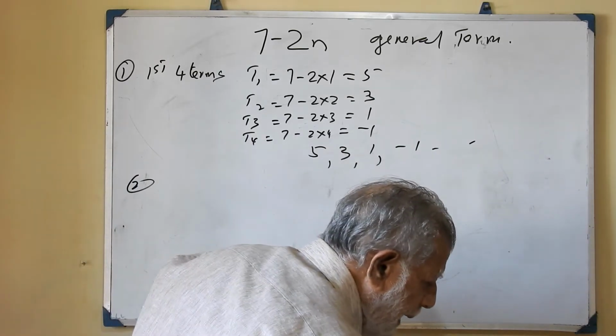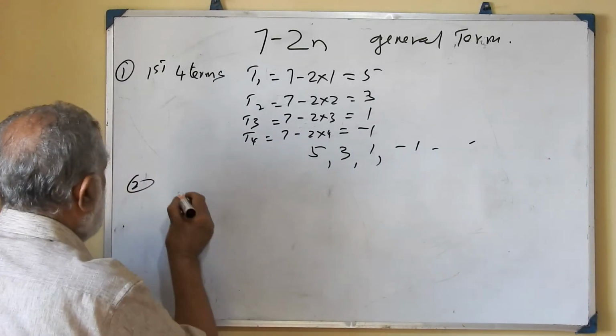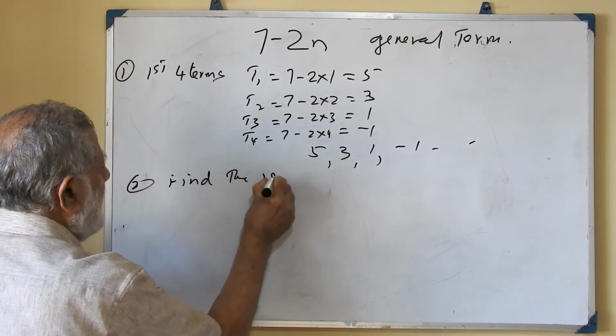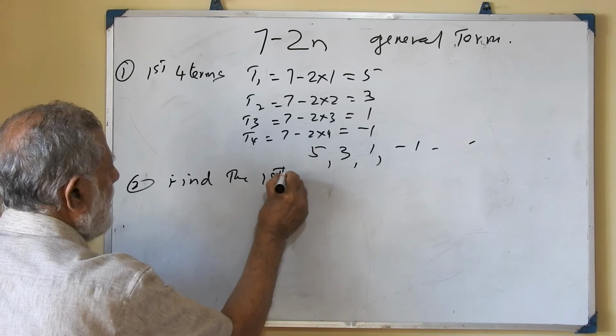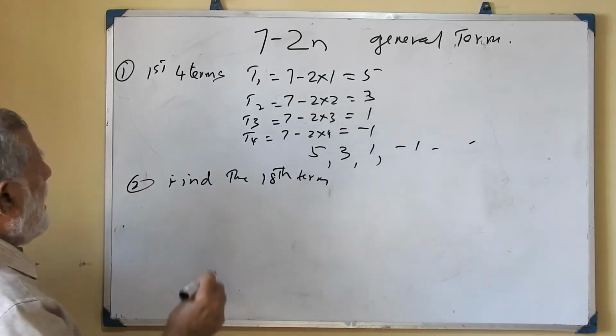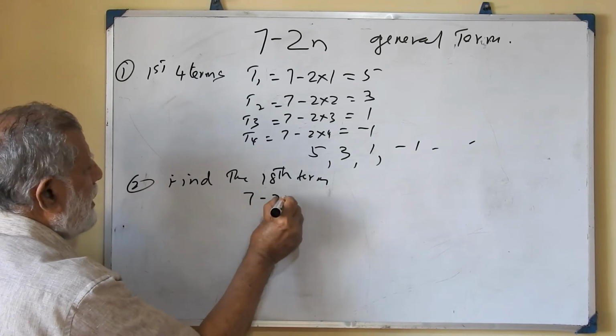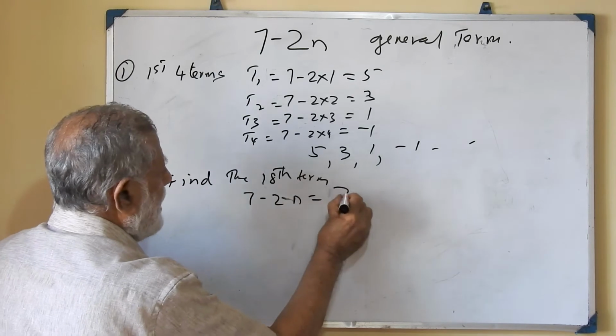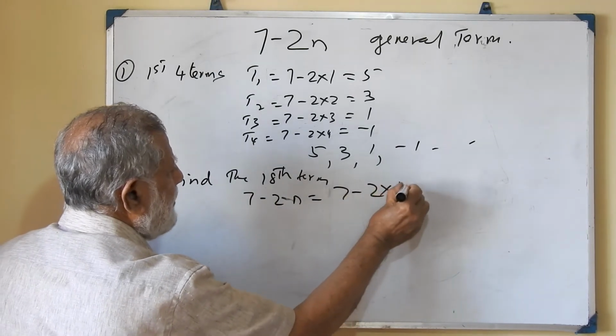Second question. Find the 18th term. How to find the 18th term? We take the formula, 7 minus 2n. That is equal to 7 minus 2 into 18.